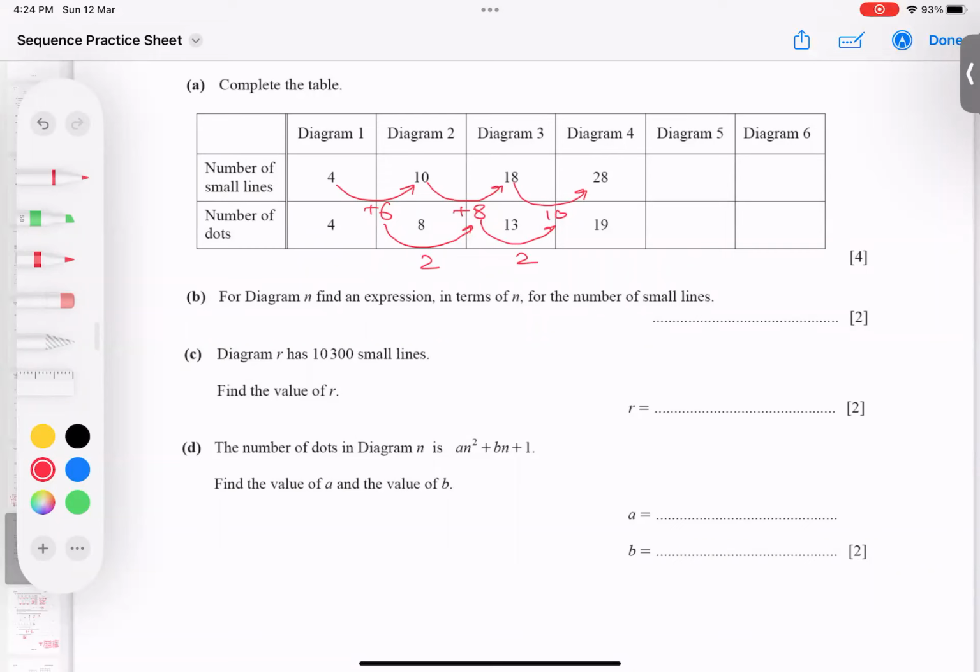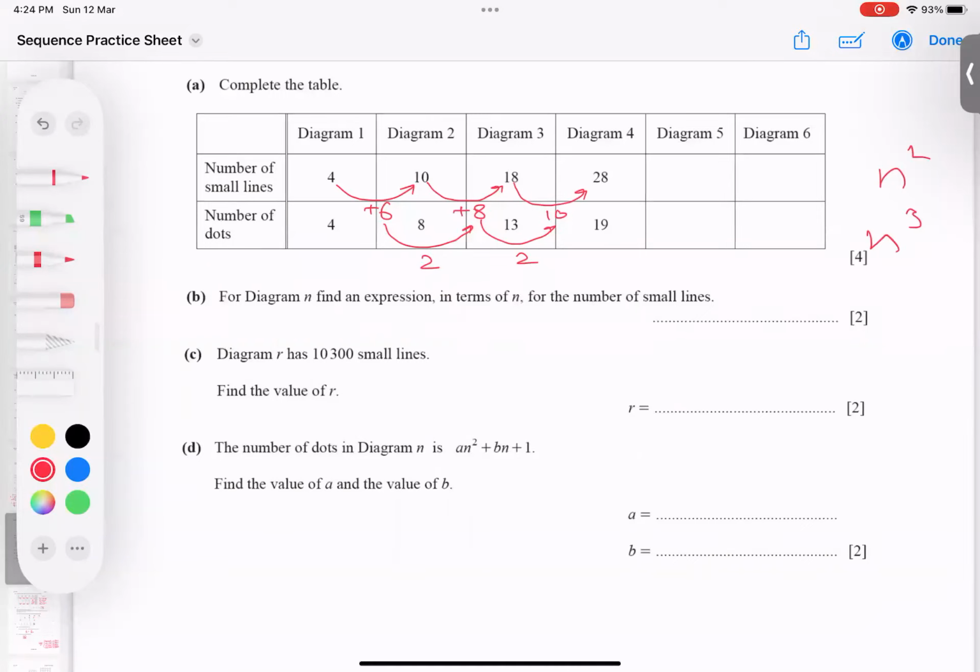And for your knowledge, if the first difference is not the same, look, they're not the same, but the second difference is the same, this is called an n square sequence. Sometimes even the second difference is not the same, for example here 2, here 4, then that sequence is called n cube.